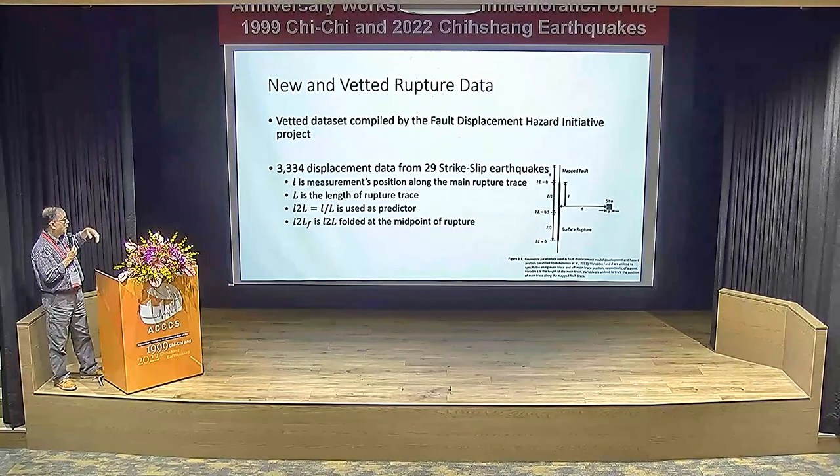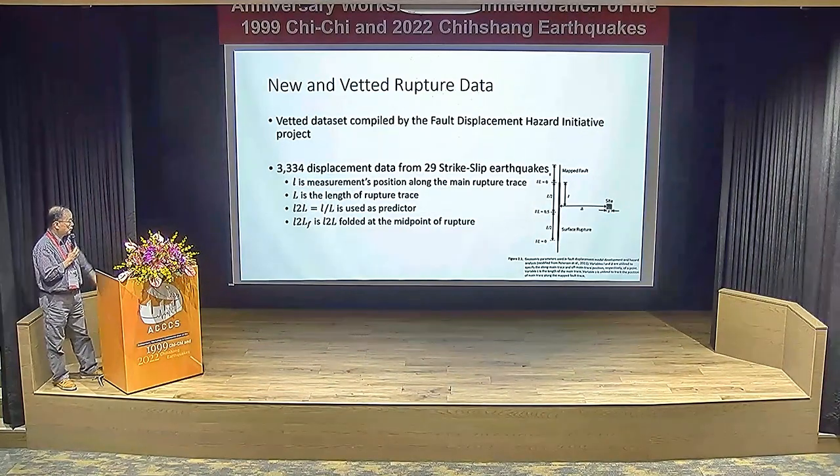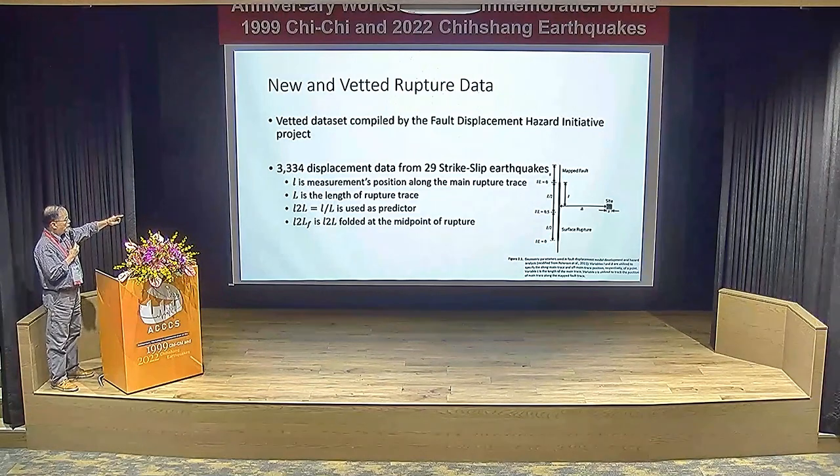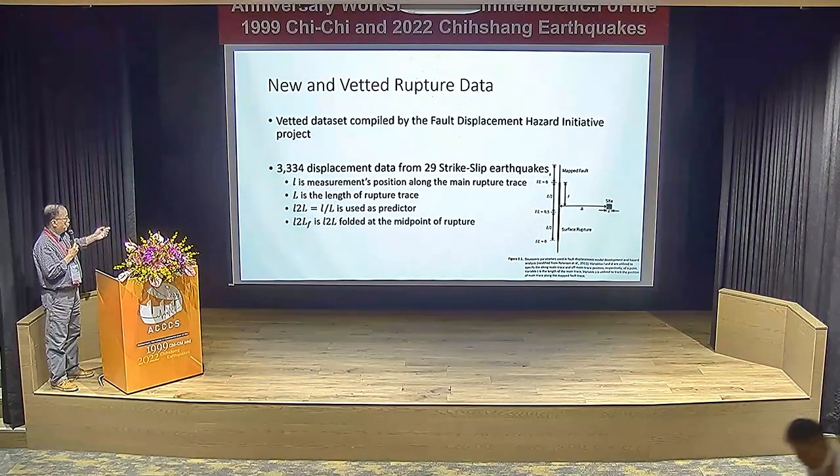The data set includes 3 types of earthquakes: strike slip, reverse, and normal. We decided to start with the strike slip earthquakes, and we went through the data set and selected 29 strike slip earthquakes, from which we gathered about 3,000 displacement data points.